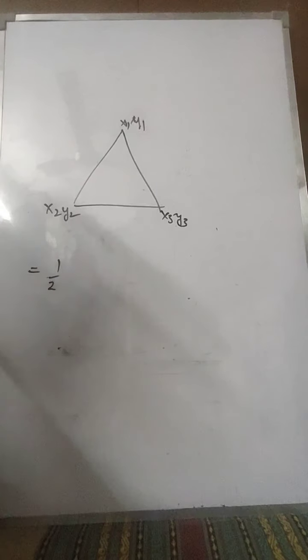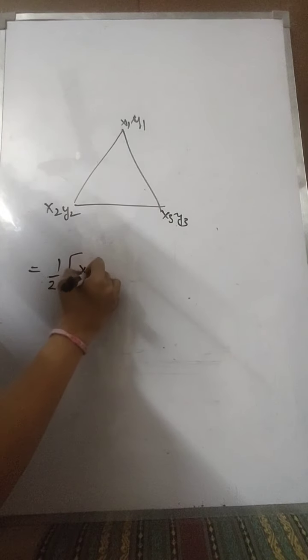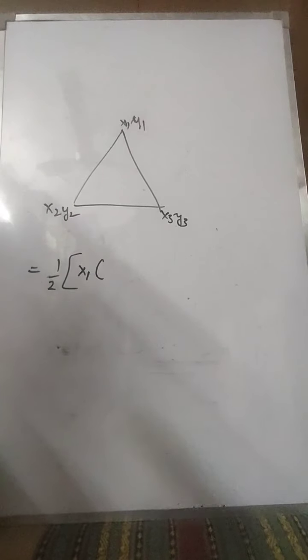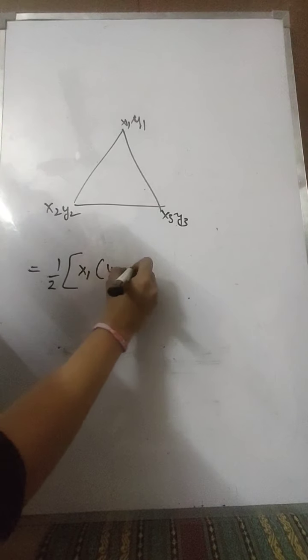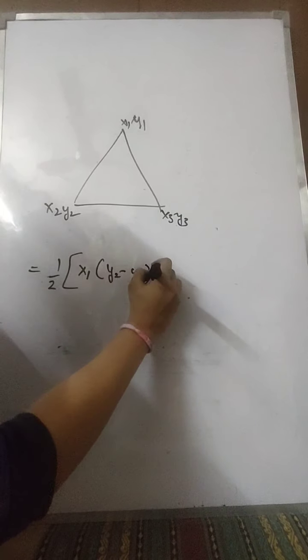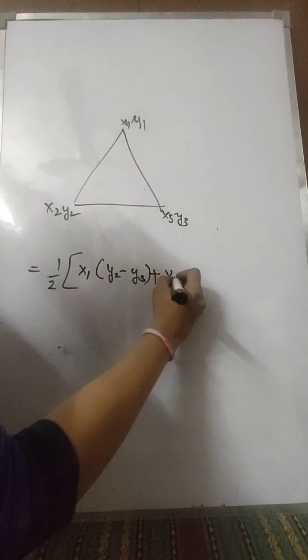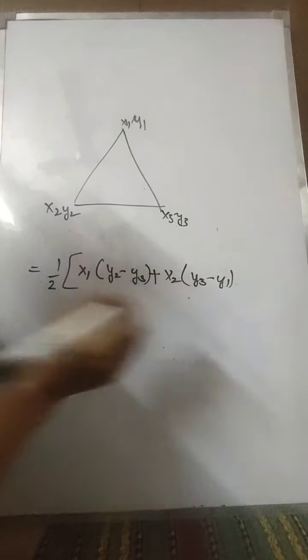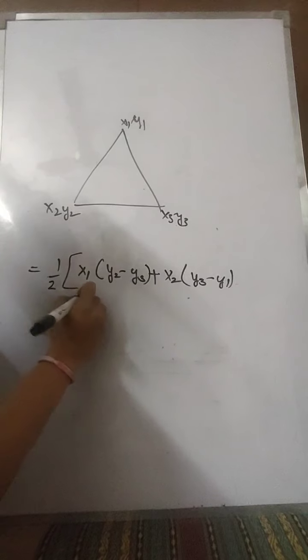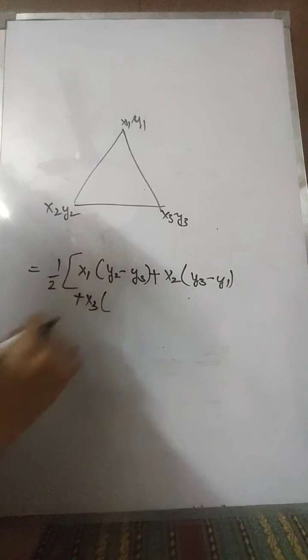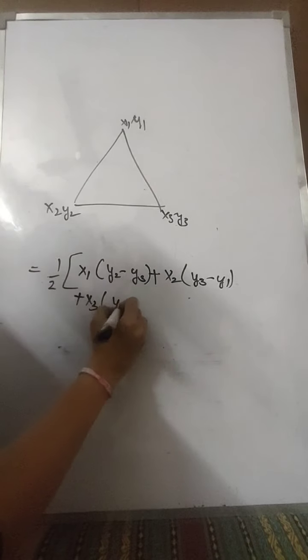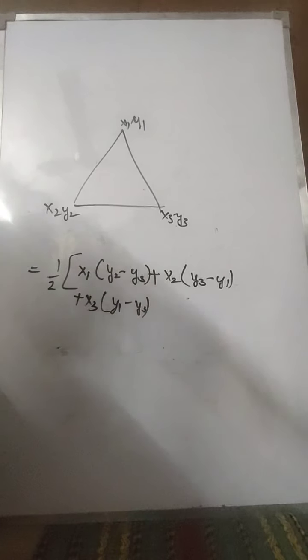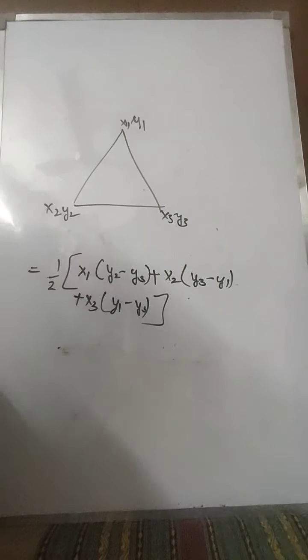Half, taking half in bracket x1 times the value of y2 minus y3, plus x2 times the value of y3 minus y1, then plus x3 times y1 minus y2. So this will be my area of triangle. When I solve it, I'll get the area of the triangle, using only the coordinates of the triangle.